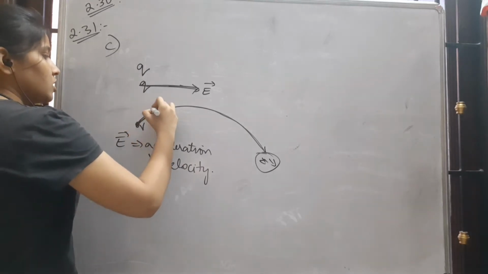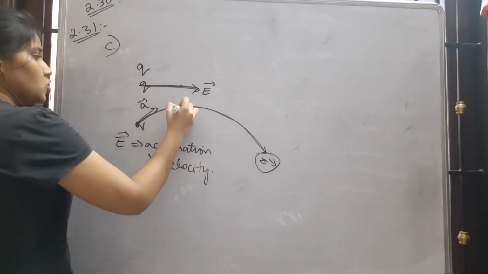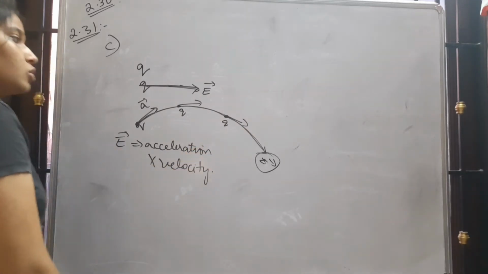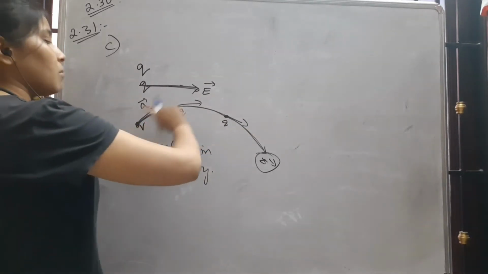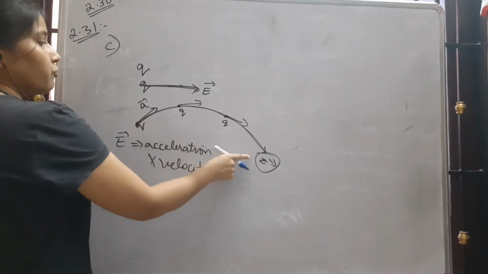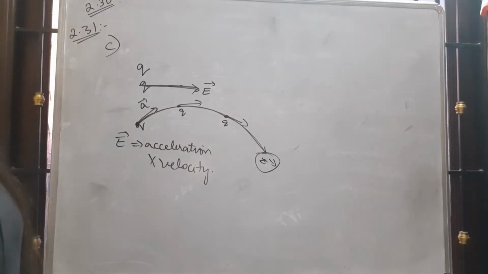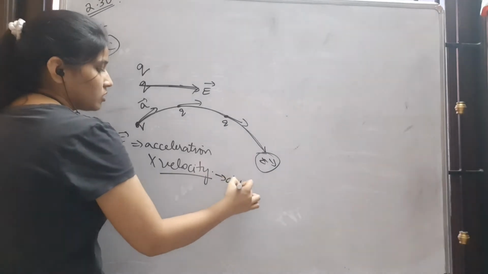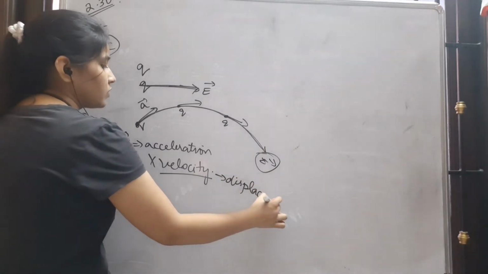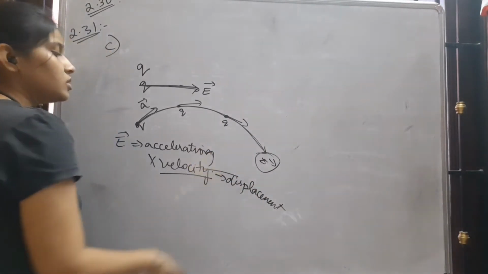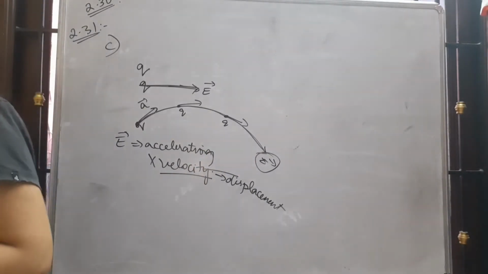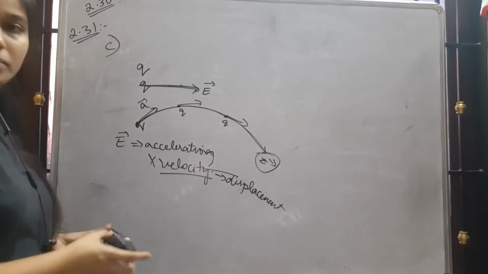At any point this is the direction of the acceleration and not the velocity, so the charged particle might move in some other path. The line of force represents only the direction of acceleration. Velocity has the same direction as displacement, whereas acceleration is the change in velocity, and the direction in which velocity has changed is the direction of acceleration.